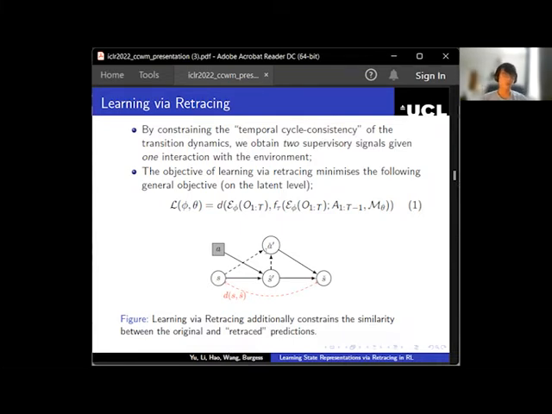And then we regularize the so-called temporal cycle consistency by constraining the similarity between the retraced states and the ground truth state. So these all happen on the latent space level. So no observation is involved.